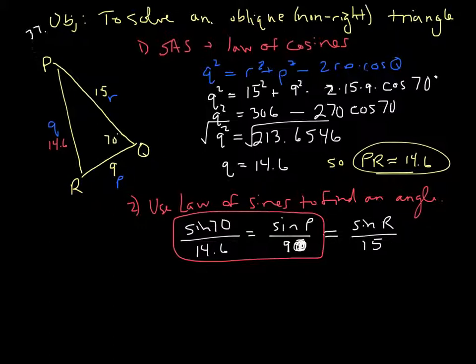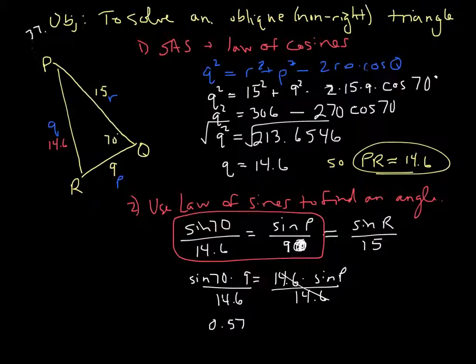When I cross multiply, I am going to get sine of 70 times 9 is equal to 14.6 times sine of p, divided by 14.6. And this should look a little bit different for you. When we've used law of sines in the past, we've been solving for a side. I'm actually solving for the angle this time. So I'm going to throw that all in the calculator, and I get a decimal of 0.5793. I'm going to leave 4 decimal places. 0.5793 is equal to sine of p.